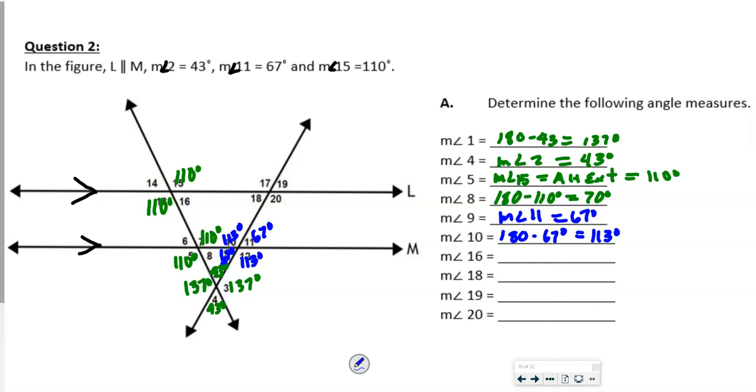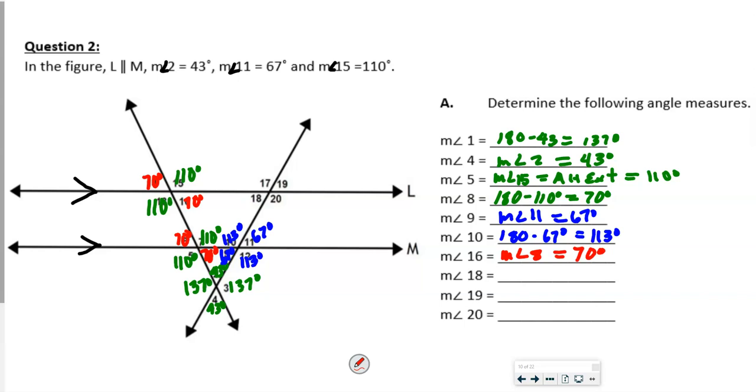That was 67 over there, right? So let's do this one in red. This is going to be 60, what did we say, 70? This is 70, so that's 70, which means that 14 is 70 and 16 is 70, okay? So this is equal to the measure of angle 8, right? Which was also 70 degrees, okay?